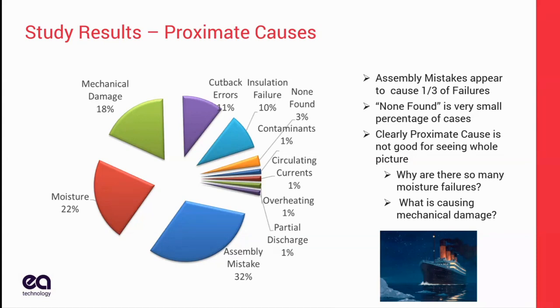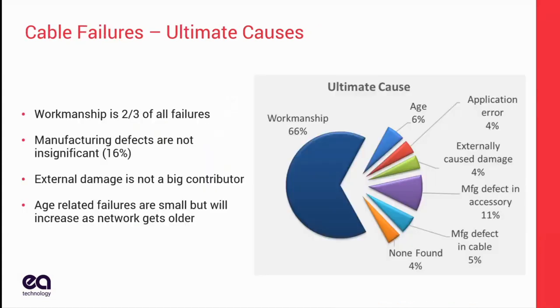So when we get to that, we then looked at what are the ultimate causes. So for these 73 events, we looked really what's going on. So we see results that didn't really surprise us, that workmanship was 2/3 of the failures. One surprise was the manufacturing defects in the accessories or in the cable were 16%.